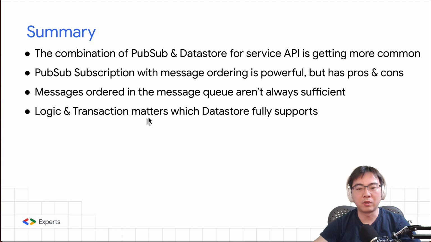Okay, let's summarize. So the 4 things I want to go through in the summary. So first of all, the combination of PubSub and Datastore for serving API is actually getting more common because, especially in the Google cloud ecosystem, it's a very data-driven cloud. So a lot of your data is coming from the analytics pipelines and then modeled by the analytics engineers and data engineers.